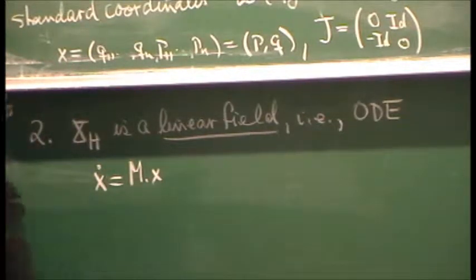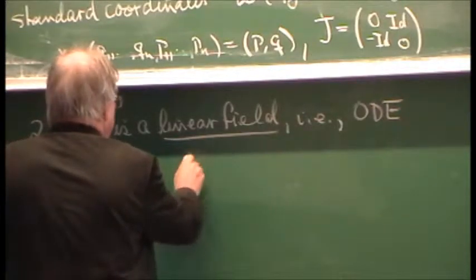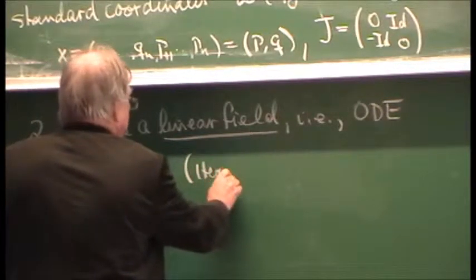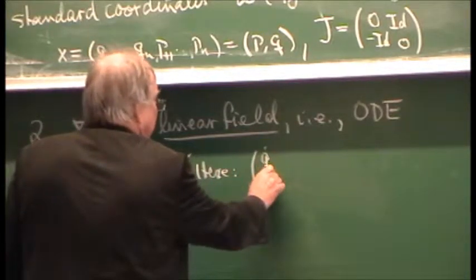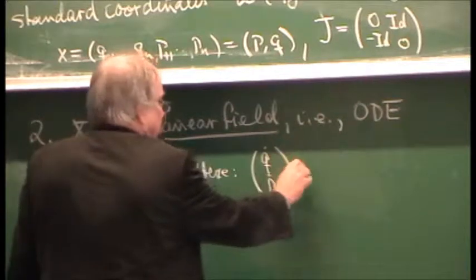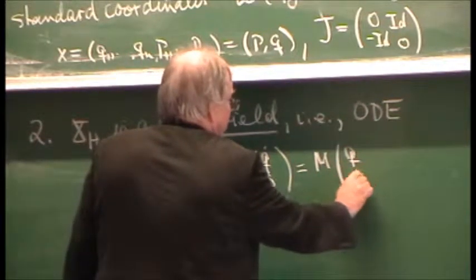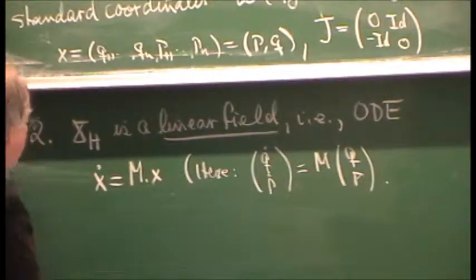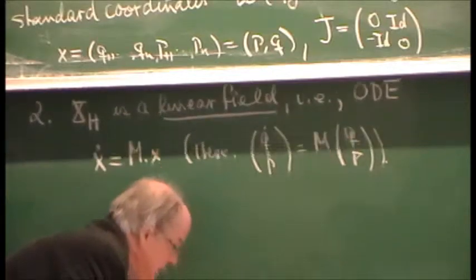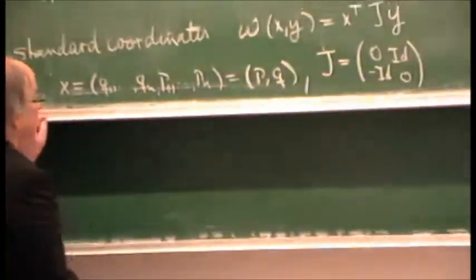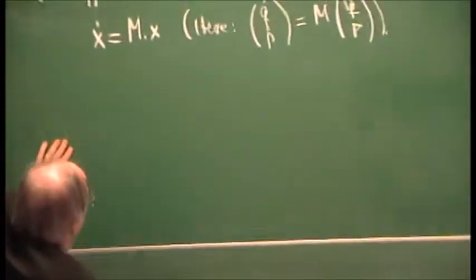In our case, x is (Q,P), using column vectors, so it means (Q point, P point) as a column vector equals a matrix times (Q,P). We could derive this matrix immediately, but you probably have it in front of you with your homework.